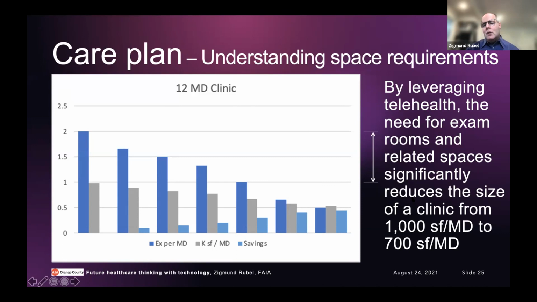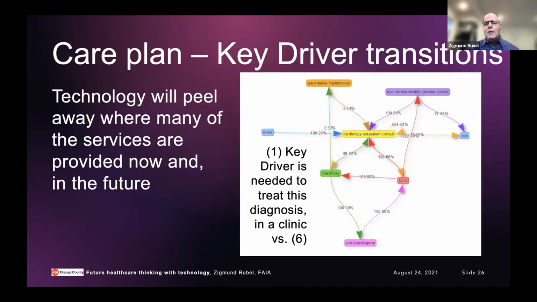And what you'll see is as the number of exam rooms per doc go from 2 to 1, it's a 300 square foot per MD per 12 doctor clinic reduction, which is pretty significant. So I think you really need to quickly understand what some of the impacts of that may happen as you start using technology. And as it impacts the care plan, so we talked about telehealth.